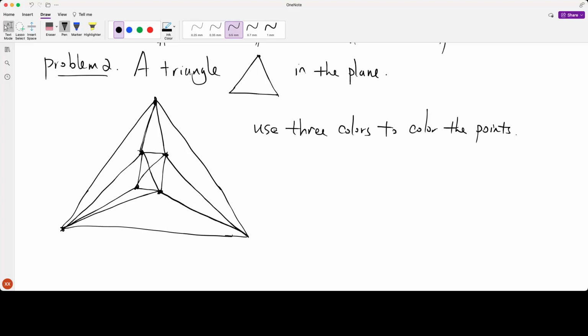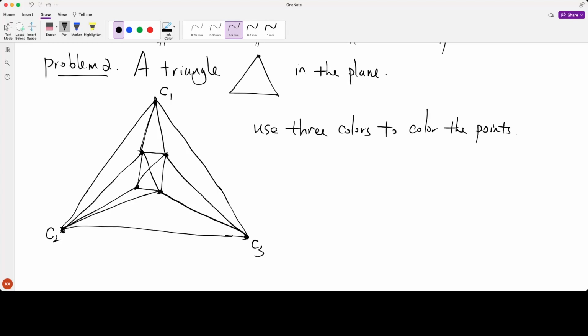Okay, maybe I put C1 here, and with the condition that the initial 3 points here use different colors. So I start with C1, C2.